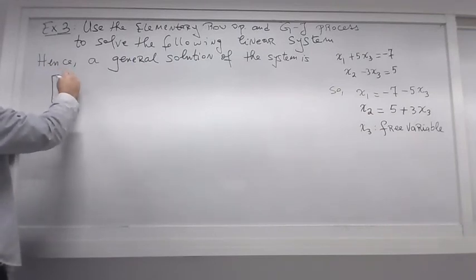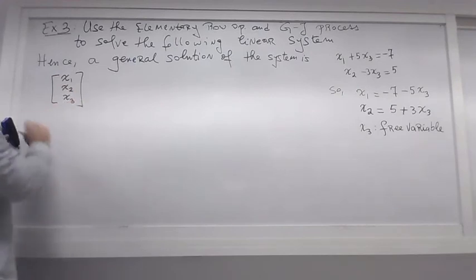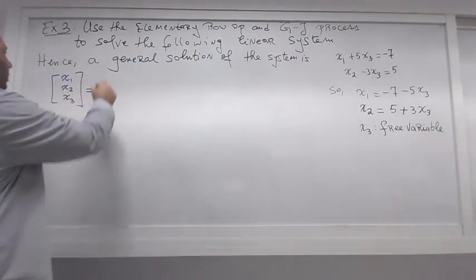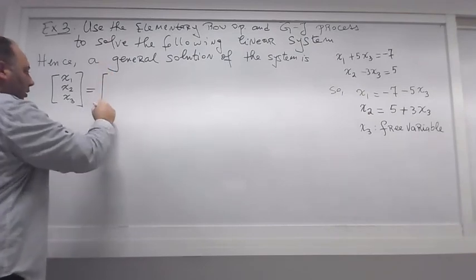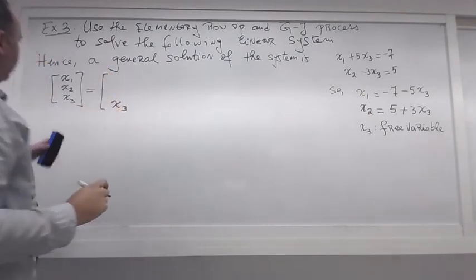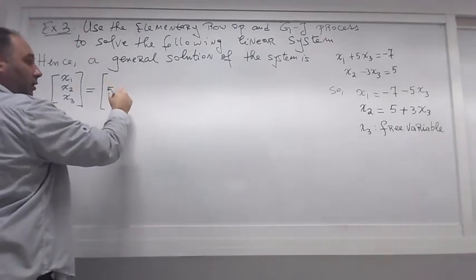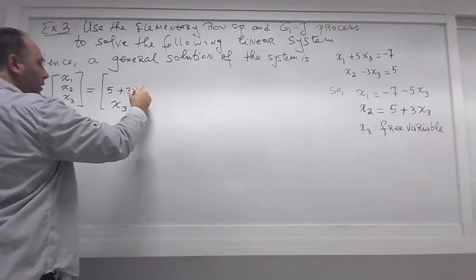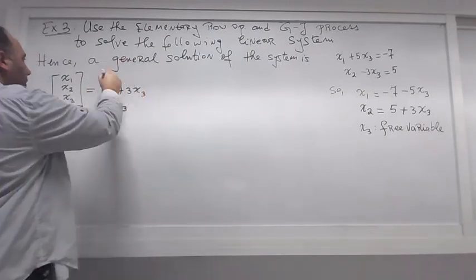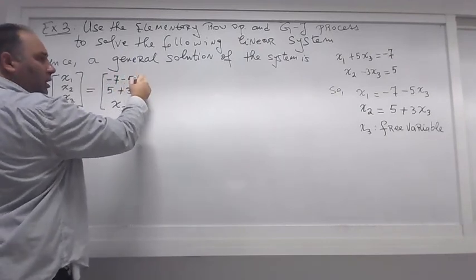So my unknowns are x1, x2, x3. So the solution is the vector containing these three expressions for these three variables. So now x3 is free, so let's write x3. x3, cool. x2, well, I have expression 5 plus 3 times x3. There's the expression for x2. And then for x1, the expression is minus 7 minus 5 x3.